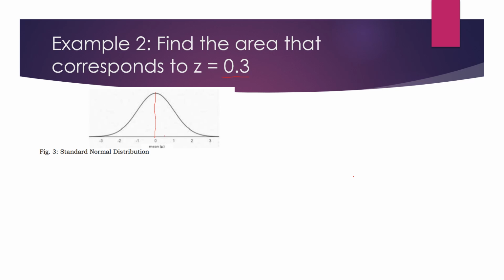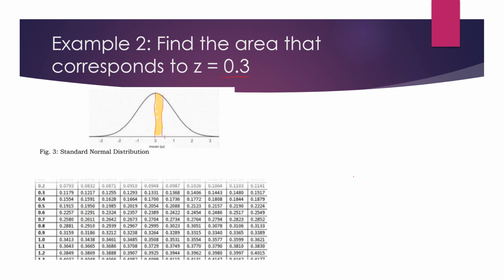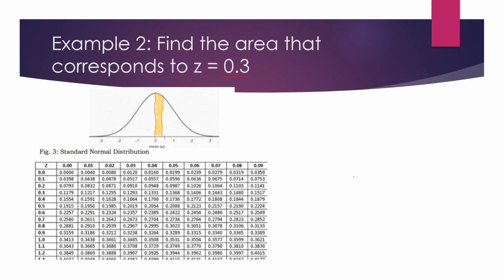So if this is 0.5, 0.3 is at the left side of 0.5. So with that, this is now the region for 0.3. We are asked to find the area of this given shaded region.